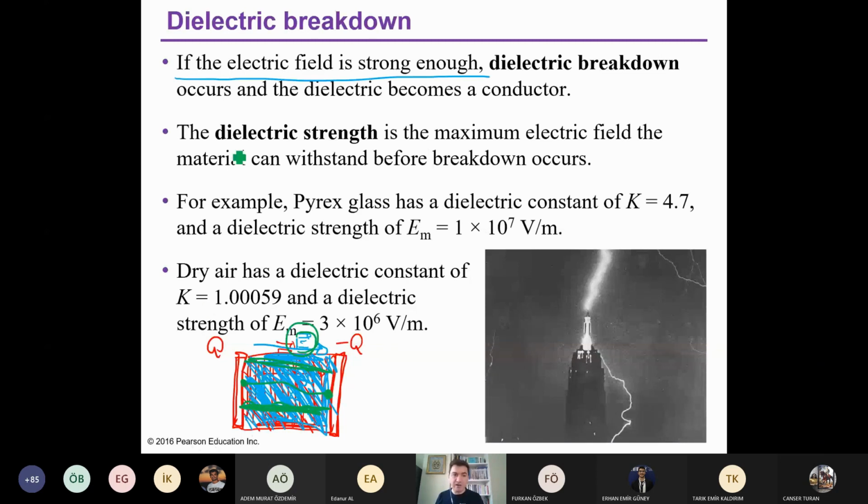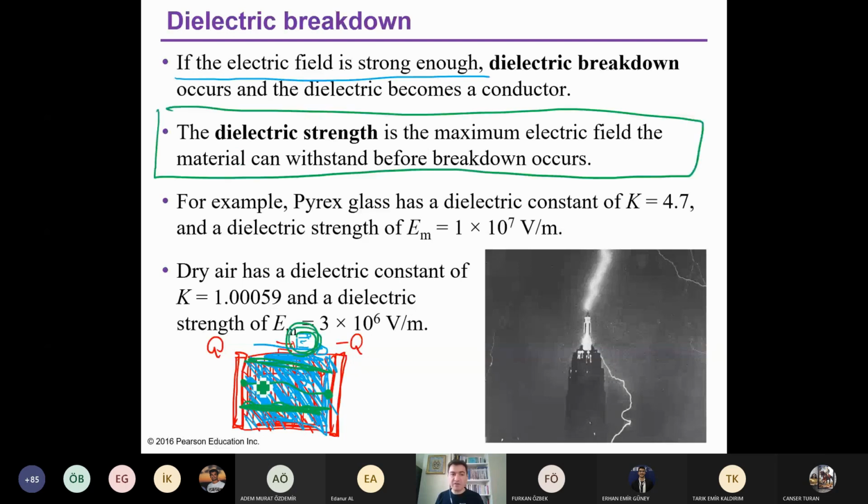So here we have an electric field between the plates, and up to the maximum electric field this dielectric material can withstand before breakdown occurs. But if you exceed this maximum electric field, then the dielectric becomes a conductor.